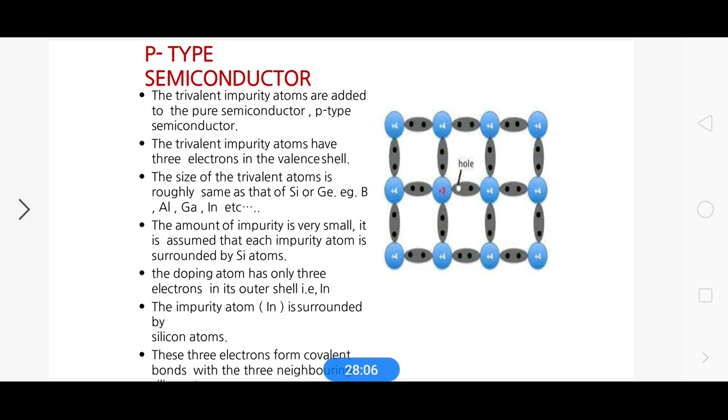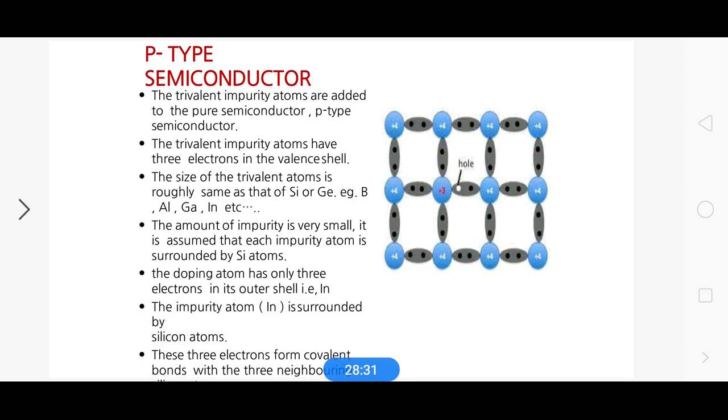Generally, the size of the trivalent atoms is roughly the same as silicon and germanium. And what are the trivalent impurities? Boron, aluminum, gallium and indium. The amount of impurity is very small. It is assumed that each impurity atom is surrounded by silicon atoms.